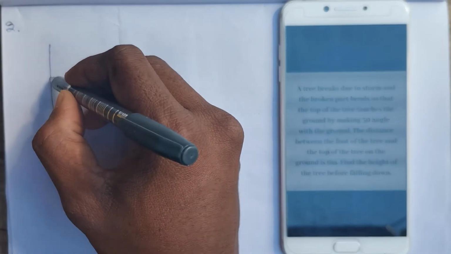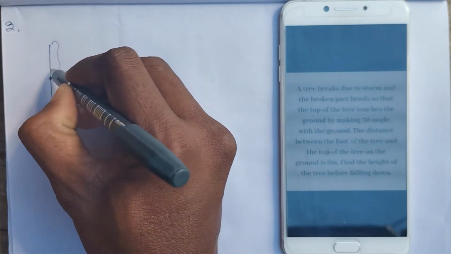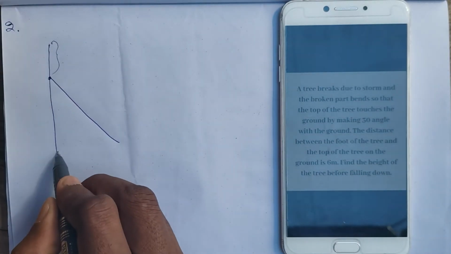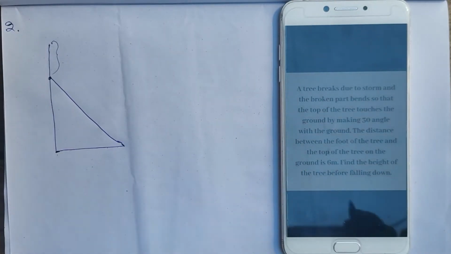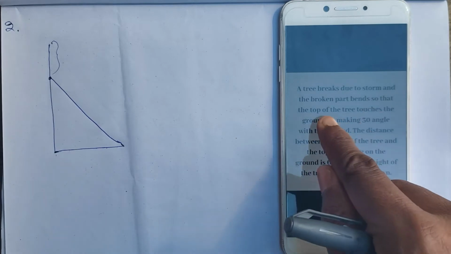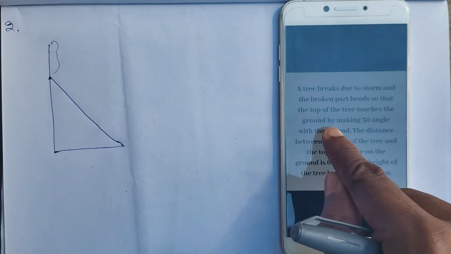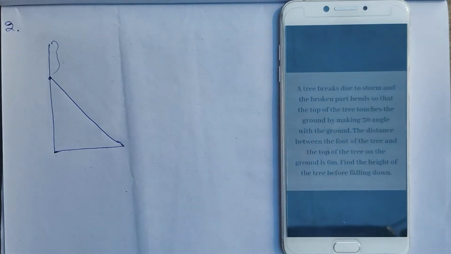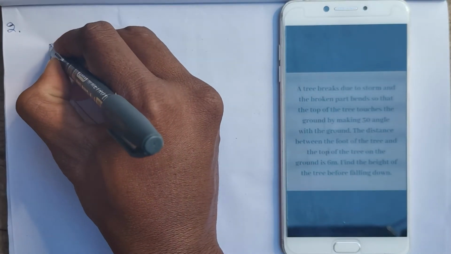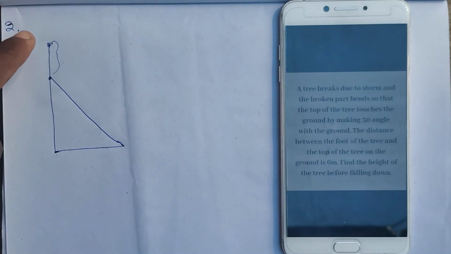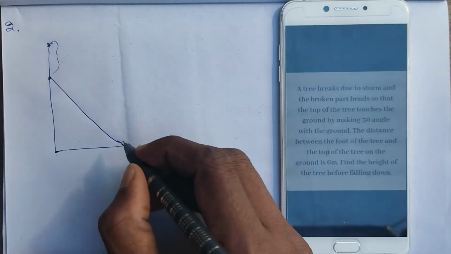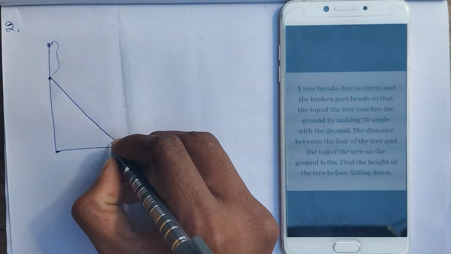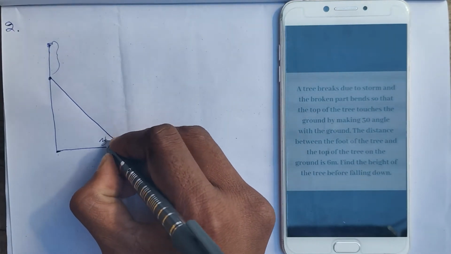So whatever this upper part is, it is going to be bent like this, so that the top of the tree touches the ground making a 30 degree angle with the ground. So this is the top of the tree originally. Now this is falling down. This top of the tree is touching the floor at 30 degrees.